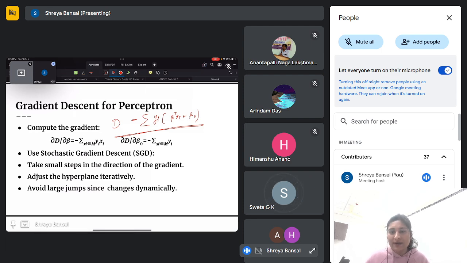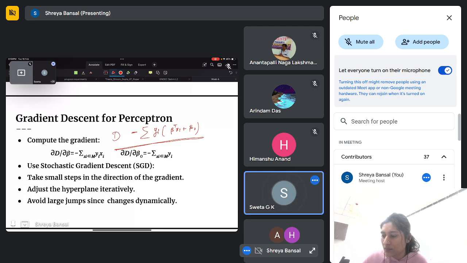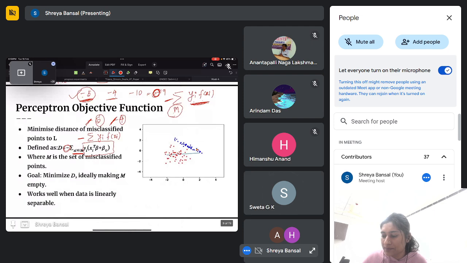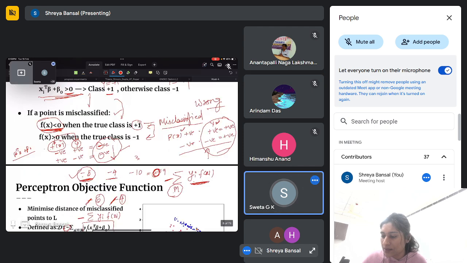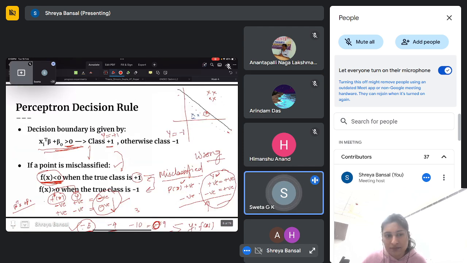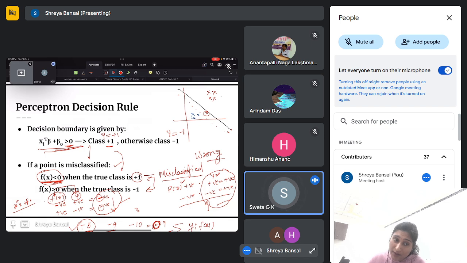Ma'am, can you please show the previous slide? Ma'am, so basically, misclassified points will always result in a negative value. So that's why we are including a negative in the equation. The result is not negative; the product of y and f(xi) will be negative.